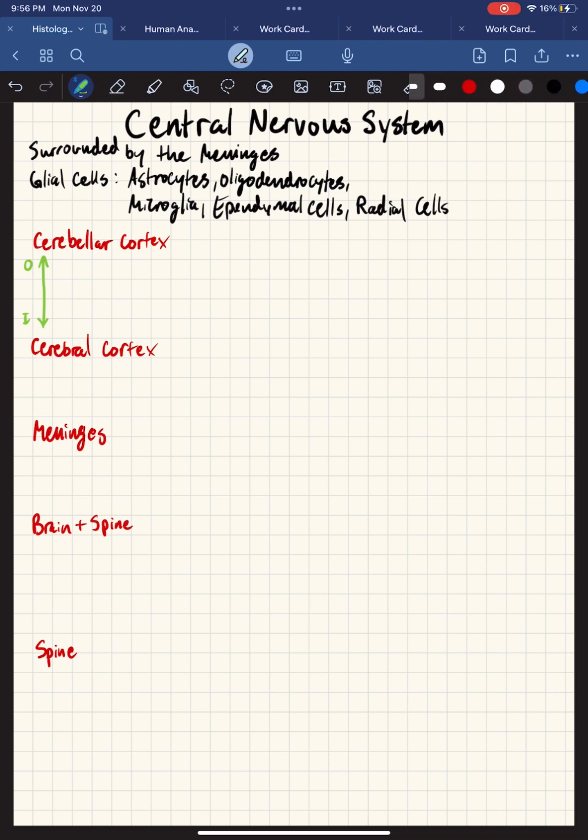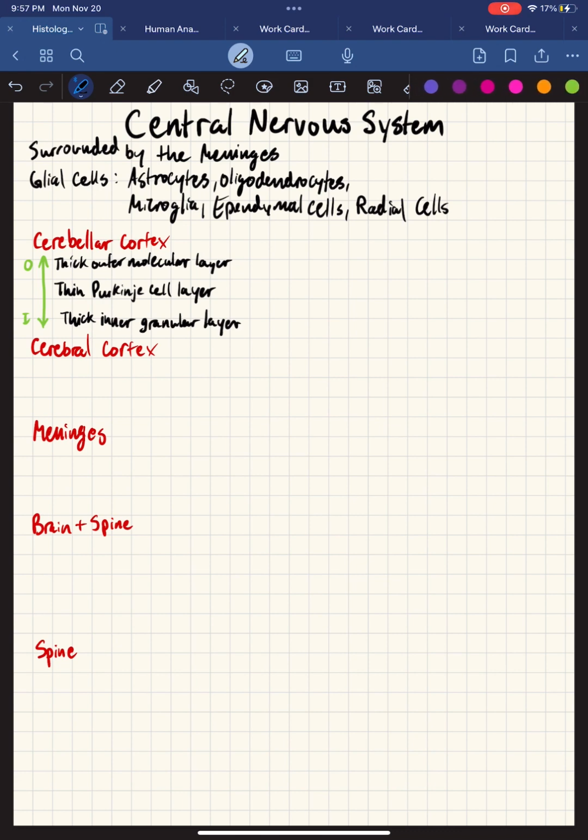We've got the thick outer molecular layer of the cerebellar cortex, the thin Purkinje cell layer, and then the innermost layer of the cerebellar cortex is going to be the thick inner granular layer. And those are the layers of the cerebellar cortex.